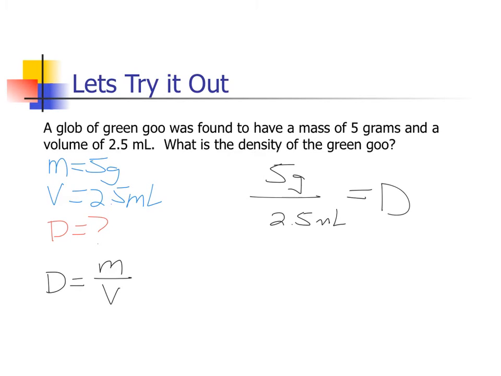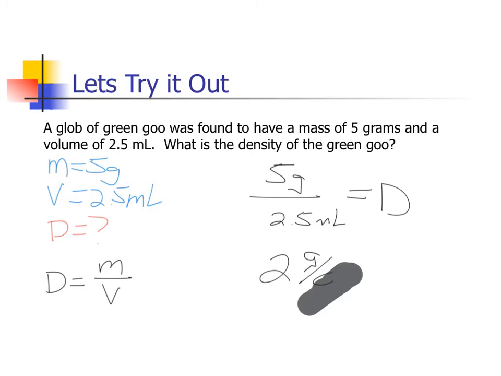Well, I'm hoping you know what this answer will be, but if you don't, plug it in your calculator. So 5 divided by 2.5, and you'll see that the density of this is 2 grams per, almost put cubic milliliter, sorry about that.